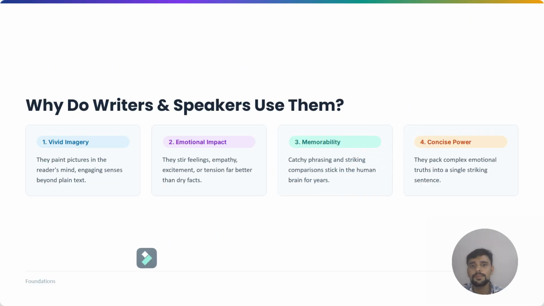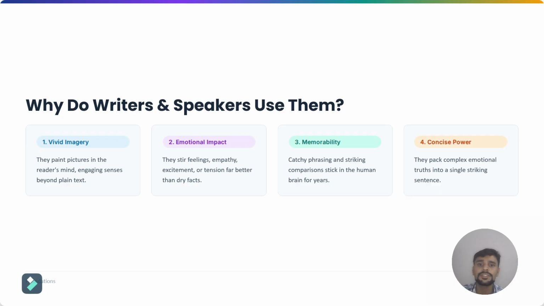So why not simply say everything directly? Why say "He is a lion" when we can say "He is extremely brave"? Because figurative language creates imagery. It helps us see. It helps us feel. It helps us remember.